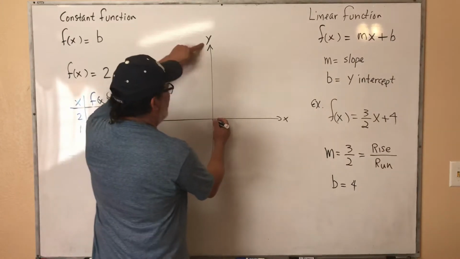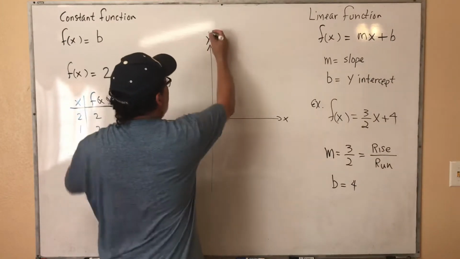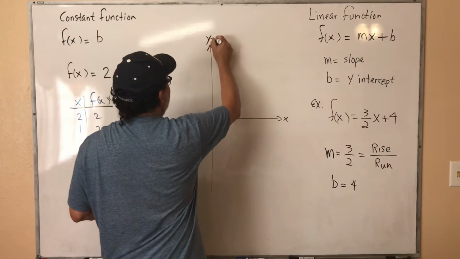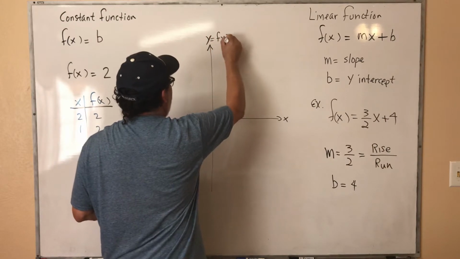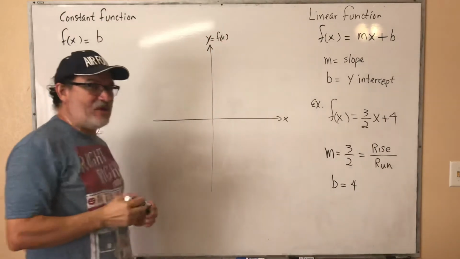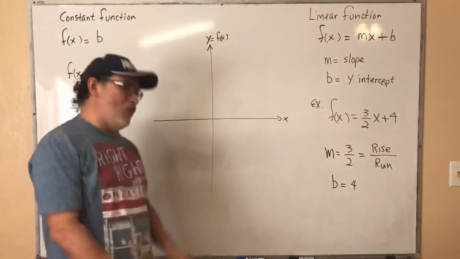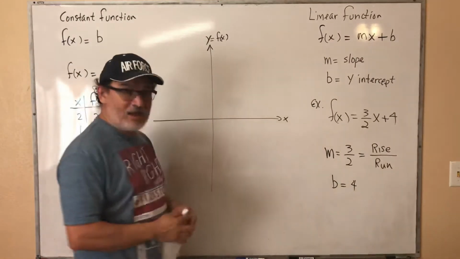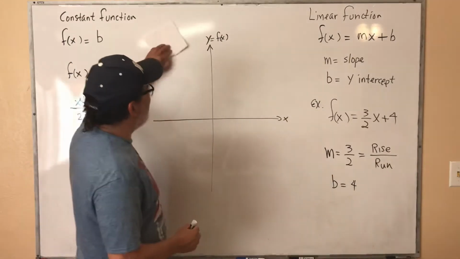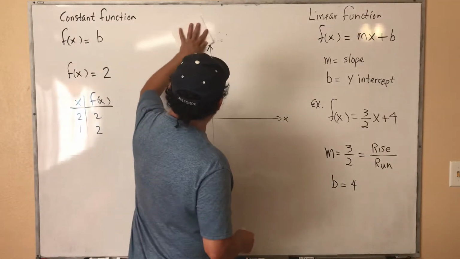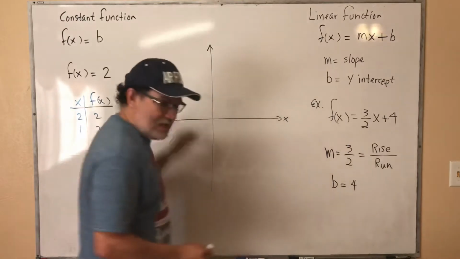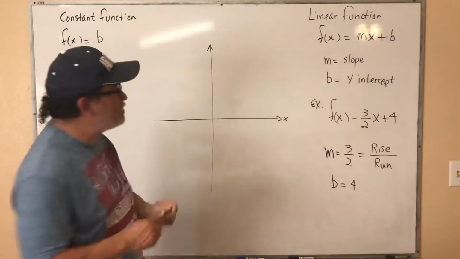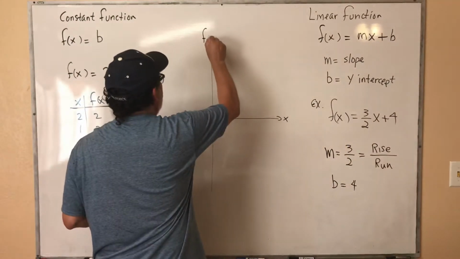Here is the y-axis. By the way, this y is f of x. We know it as y, but you may call it f of x. In fact, I don't have to write y anymore. I can just write f of x.